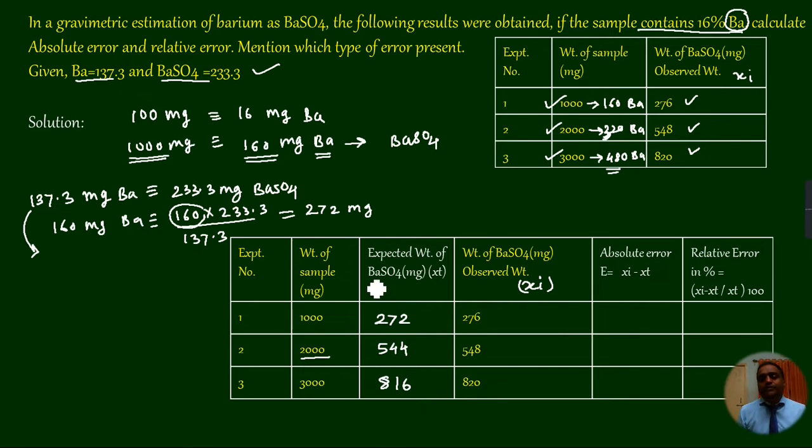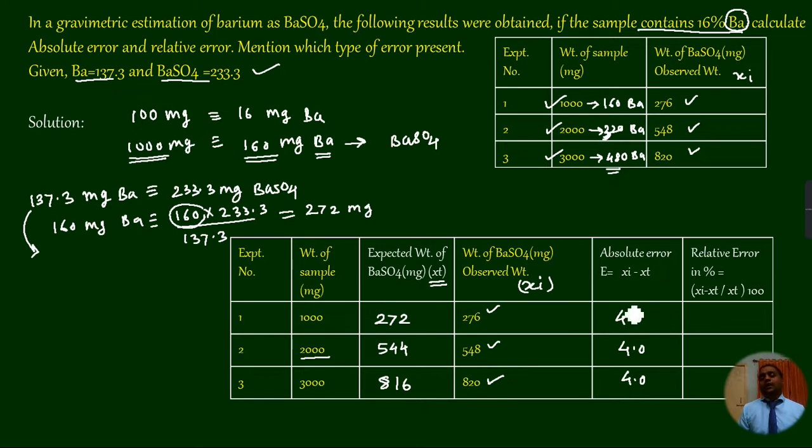So these are expected values, that is the true values, that is xt. Now we already have these observed values. Now we just have to calculate xi minus xt. For this example, there is a difference. So 276 minus 272 will be equal to 4.0. 548 minus 544 will be 4.0. And 820 minus 816 will be equal to 4.0.